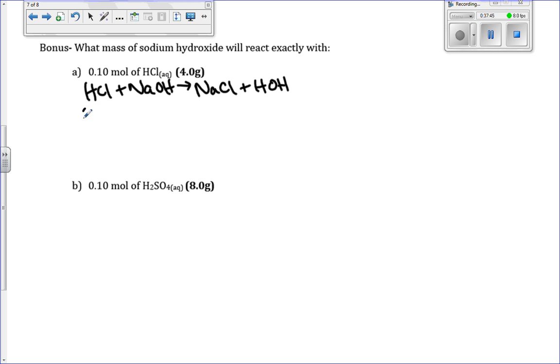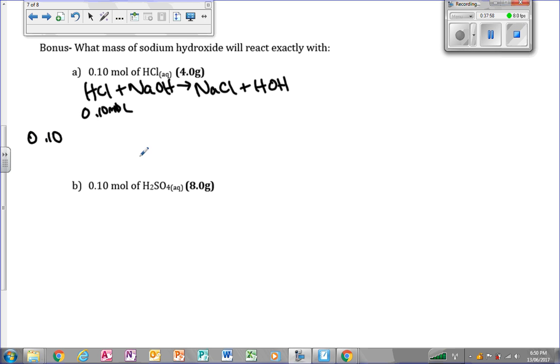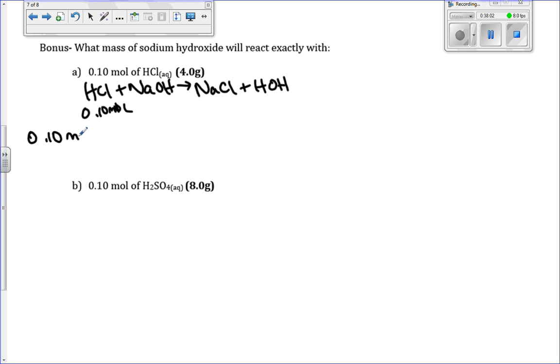And we know that we have 0.10 moles of hydrochloric acid. So we need to look at the mole relationship for sodium hydroxide to hydrochloric acid.